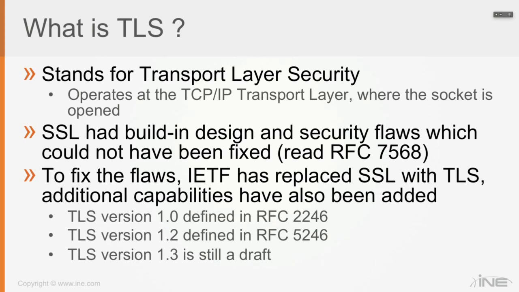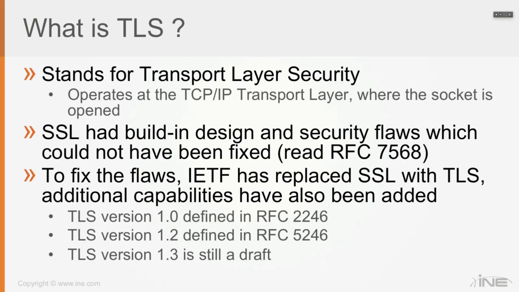To fix the flaws, the IETF chose to stop making changes and new versions of SSL, and instead replace SSL with TLS. And of course, when TLS was invented, not only were the flaws fixed, but additional capabilities were also added.